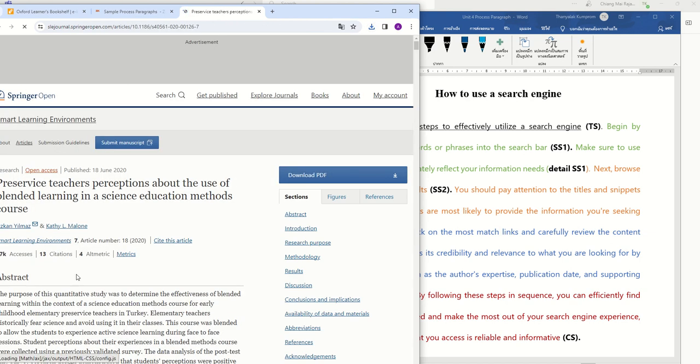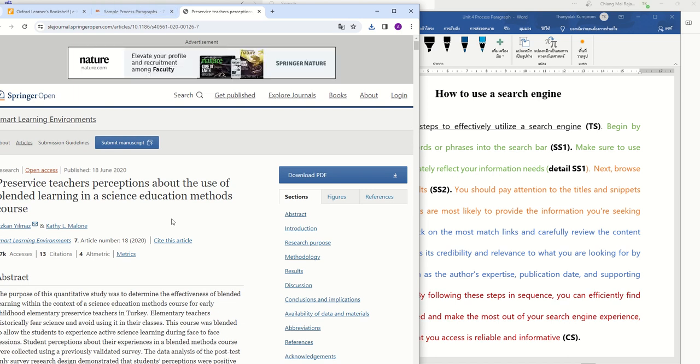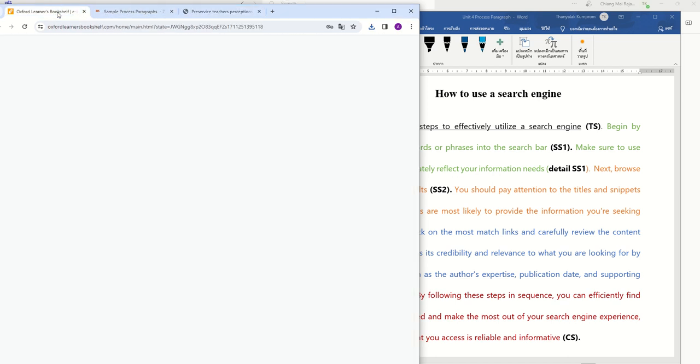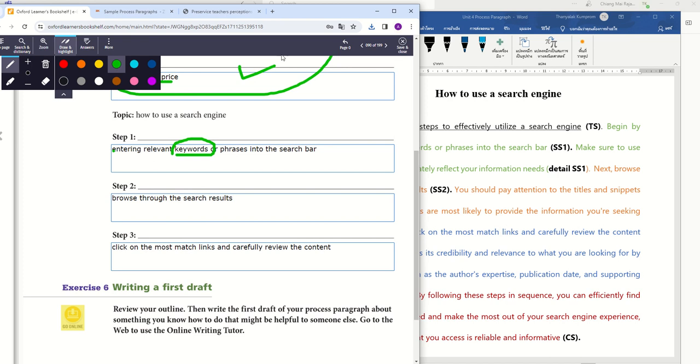For example, once you use a search engine, make sure that you have the keyword, and then make sure that you get what you want, and be careful about the review or the content. It might be something like a virus or prohibited by something else.